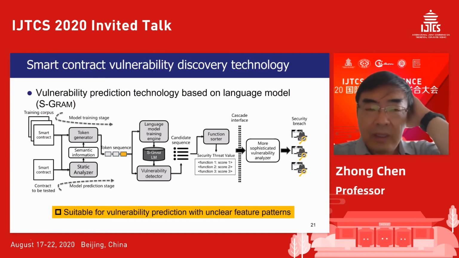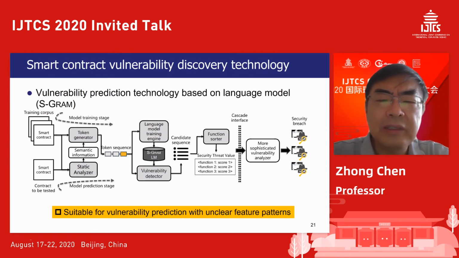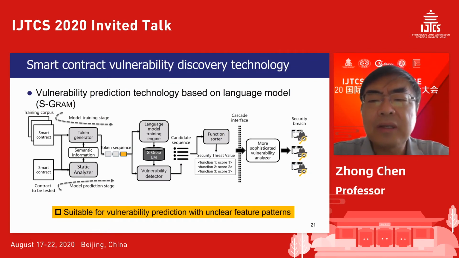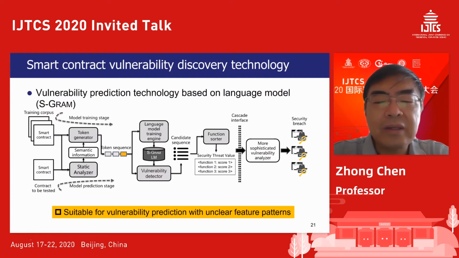Well, for the vulnerability prediction technology based on the language model, called S-gram, this is suitable for vulnerability prediction with unclear feature patterns.